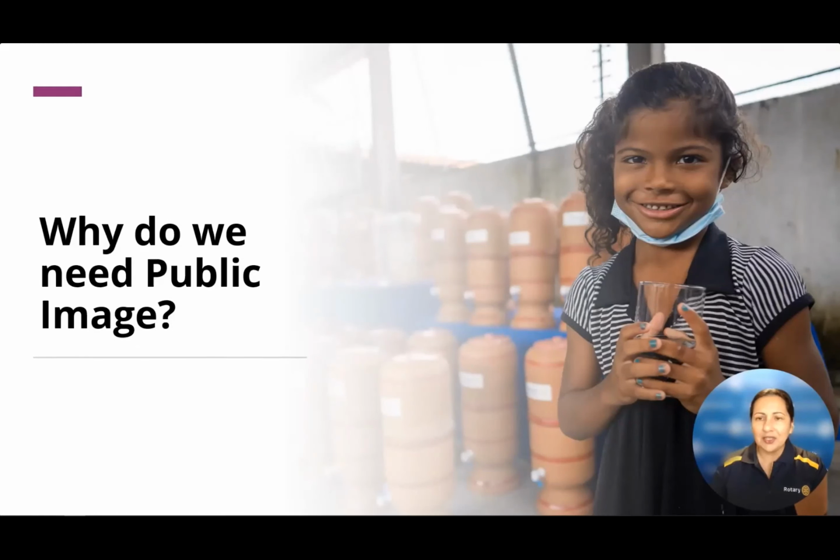Other organizations do not have access to the Rotary Foundation, which can support our projects through district grants and global grants. We have the possibility to do large-scale projects across the world. So there's three key items why we need public image. One is recognition and awareness. Number two is growth. Number three is encouraging sponsorship and partners.